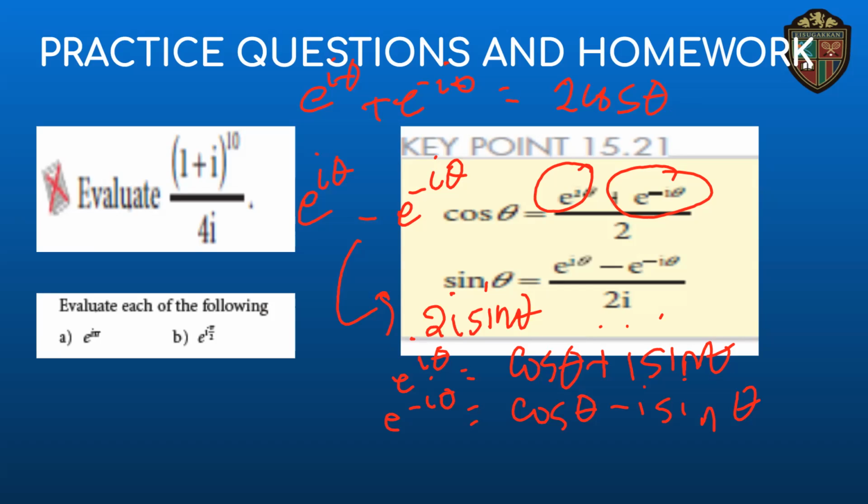There's a property previously where I showed that if we add two complex numbers, x plus iy and x minus iy, the result will be 2 cosine theta, and if you subtract them, x plus iy minus x minus iy, the result will be 2i sine theta.